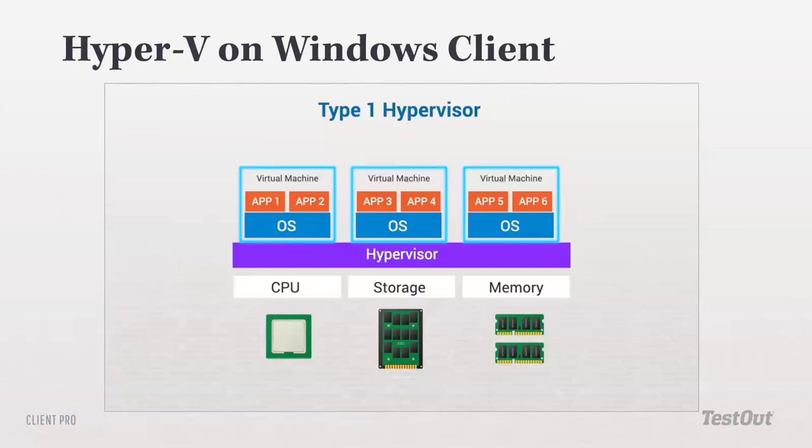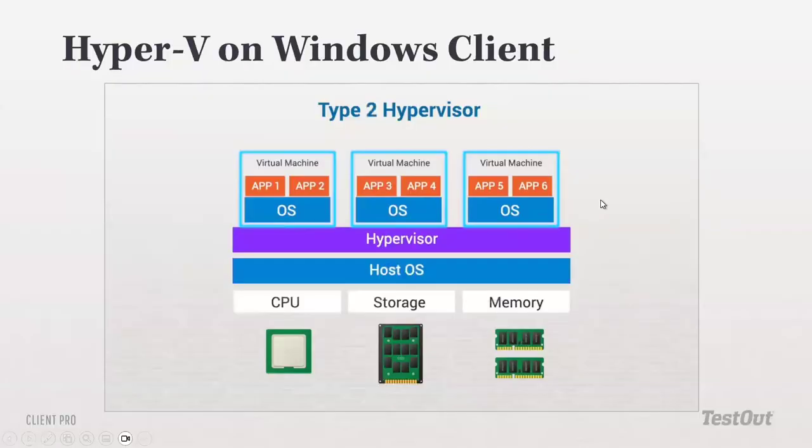So if the virtual machine over here running app 1 and 2 all of a sudden needs more processor cycles, then I can allocate more of those cycles to that VM and just take them away from the other VMs. And I can do that on the fly. So temporarily I can assign a greater amount of resources to specific needs, which of course allows me to more efficiently use my hardware.